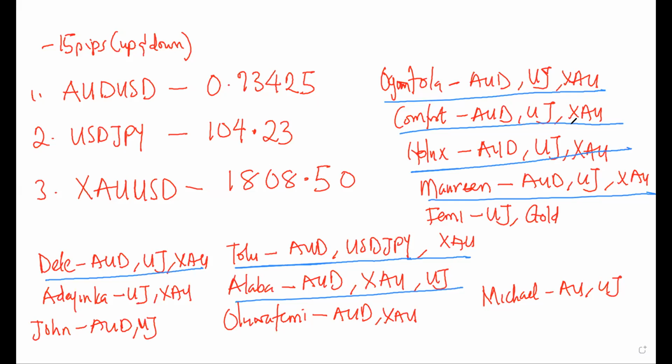John Samuel UJ, Michael Gold. Okay, Michael, you're done. Olox Gold, you're done. Adeyinka, AUD, you're done. All right, so I'm going to stop for now. John Samuel, you're just giving me gold up alone. I need you to submit everything once. So Adeyinka completed, Michael completed.